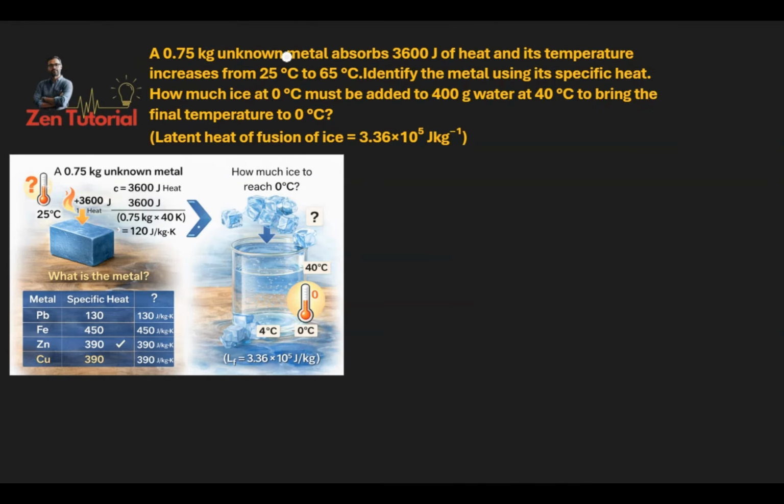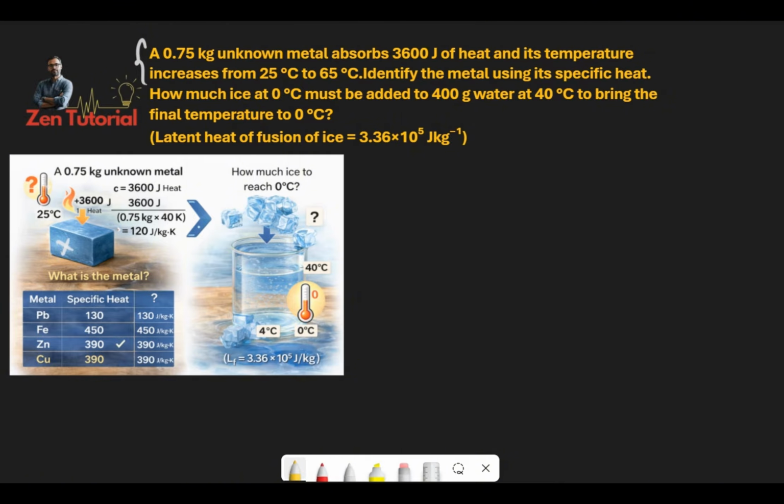In this problem, there are actually two parts to this question. The first part is 0.75 kg of unknown metal. So this is an unknown metal, this bar, and the mass of this bar is 0.75 kg. It actually absorbed 3600 joule of heat.